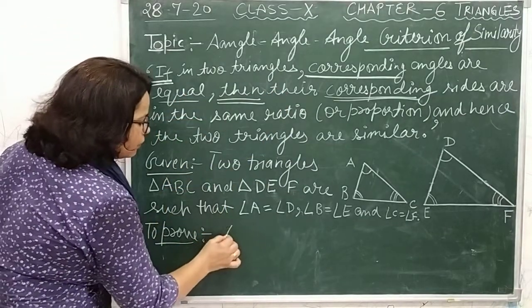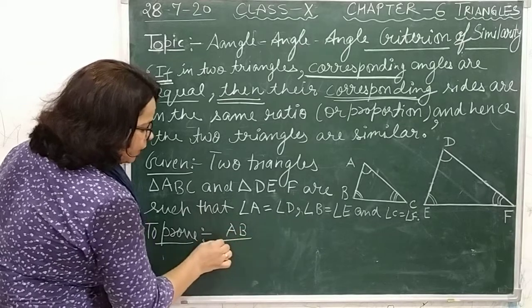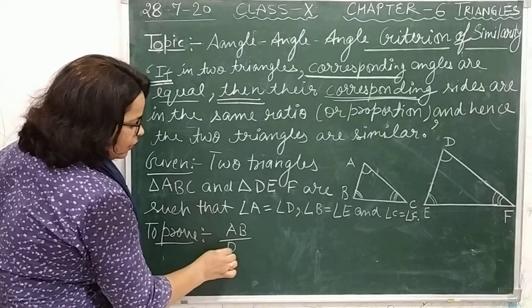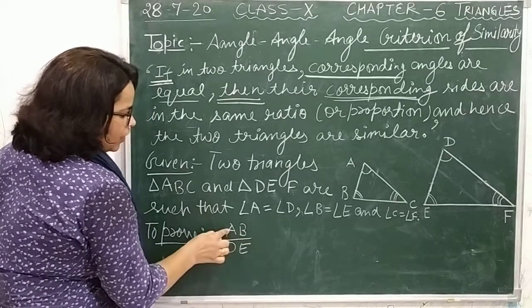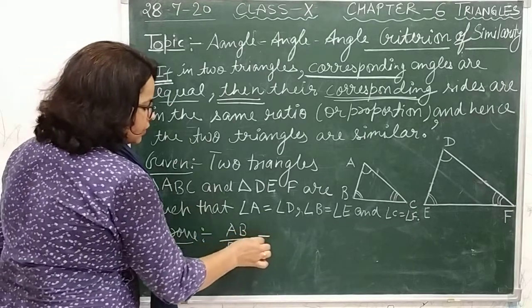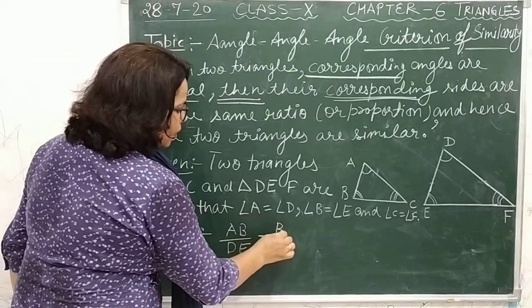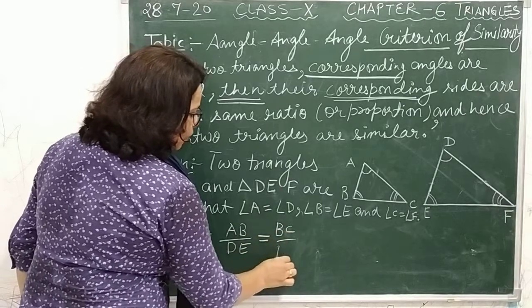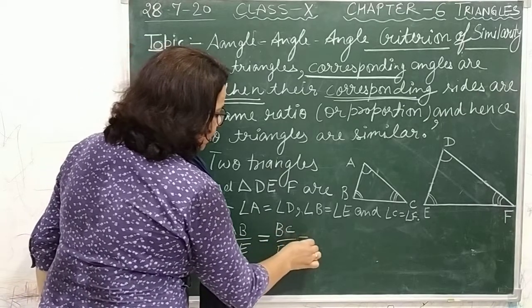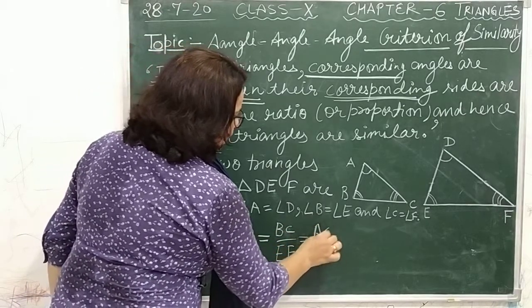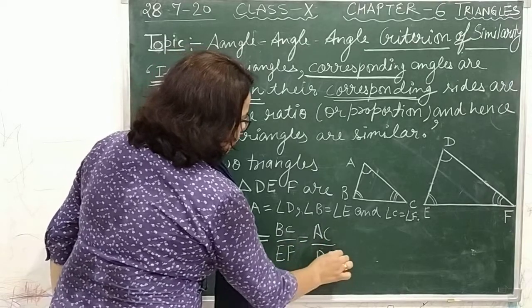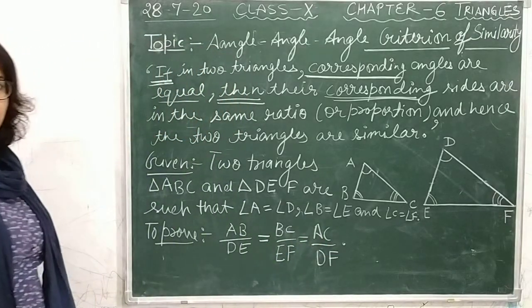It means to prove: A is corresponding to D, B is corresponding to E. So AB upon DE, this ratio will be equal to BC upon EF equal to AC upon DF. This is what we have to prove.